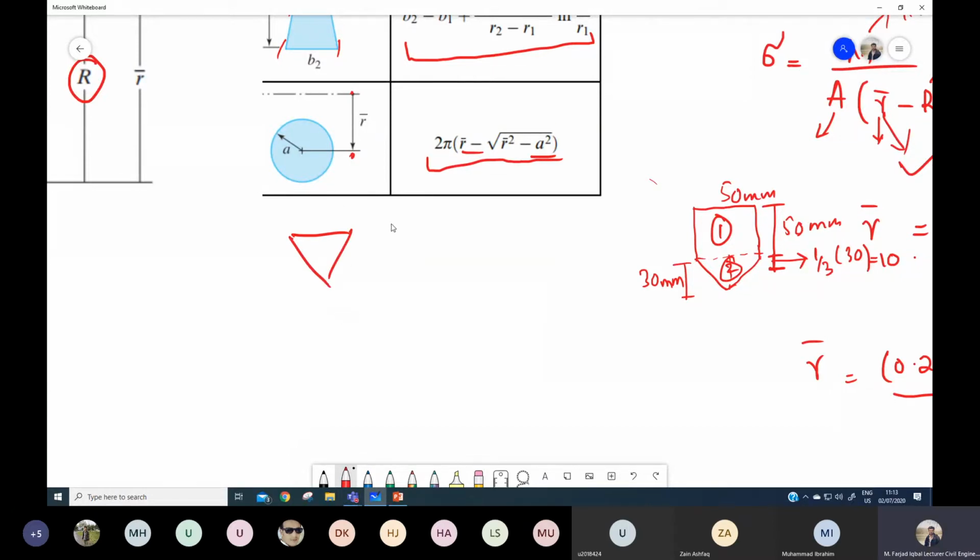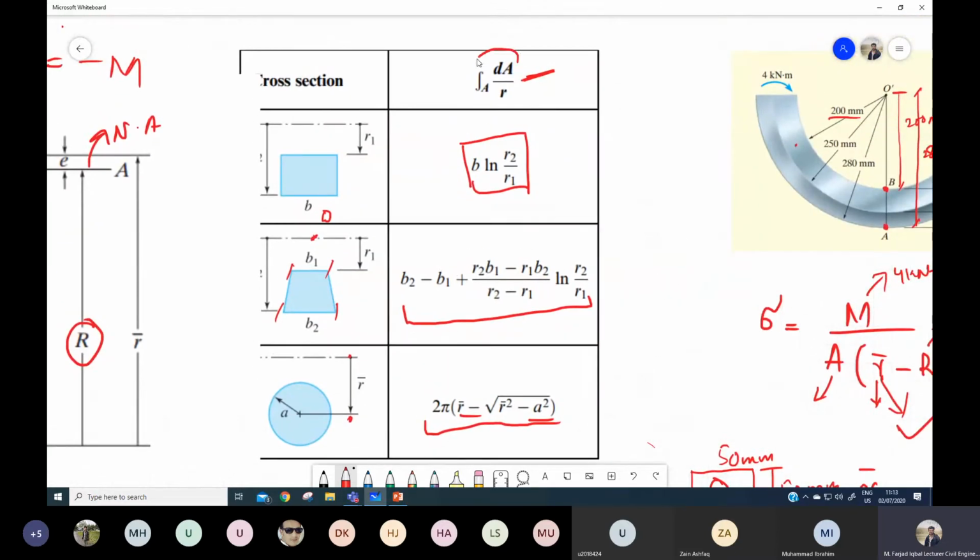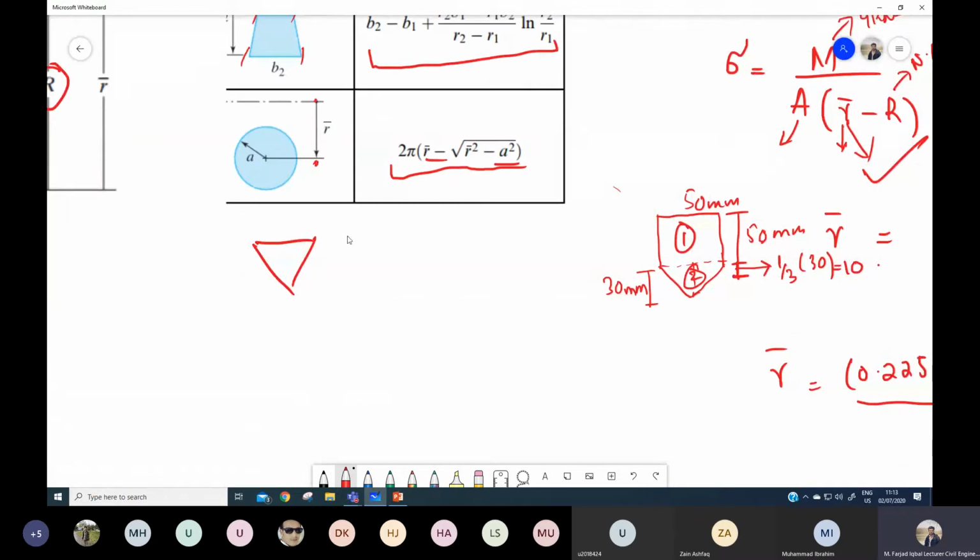This integral dA over R for the rectangular shape is this factor. I will write it down over here.